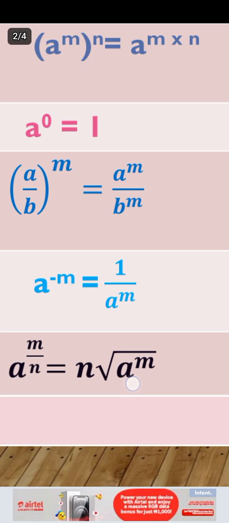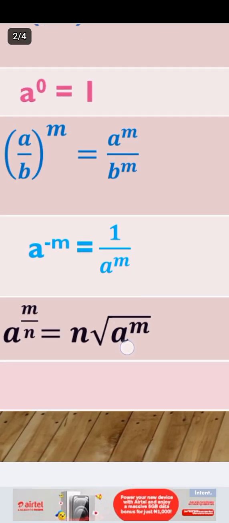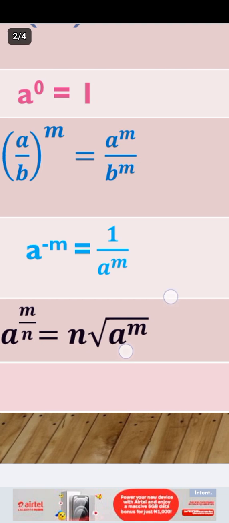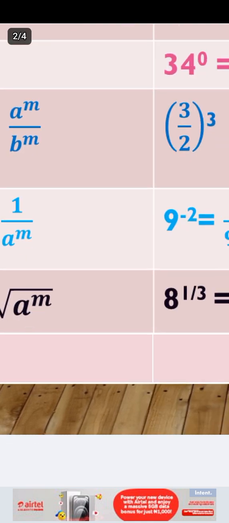It's telling you that when a number is raised to a fraction, the denominator becomes the root, while the numerator becomes the power to which the number is raised. For instance, a raised to power m over n is equal to the nth root of a raised to power what? M.